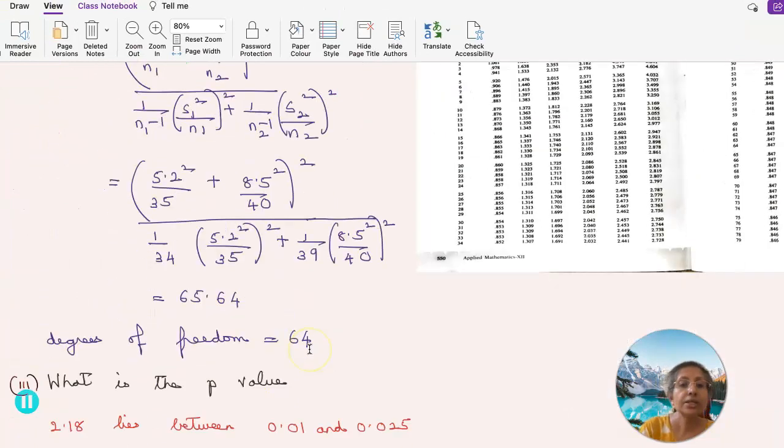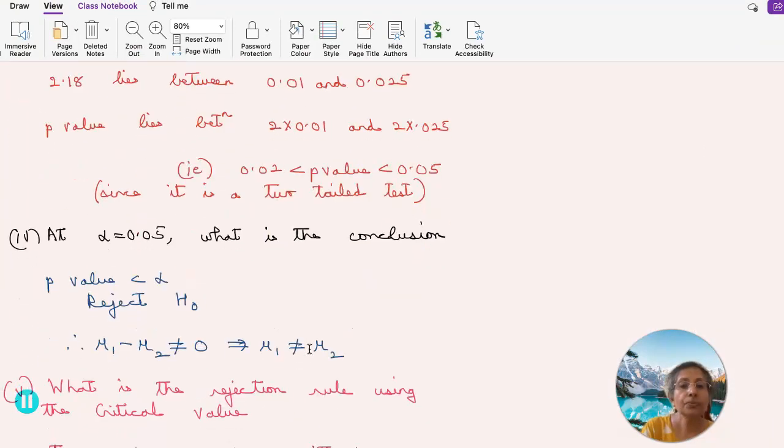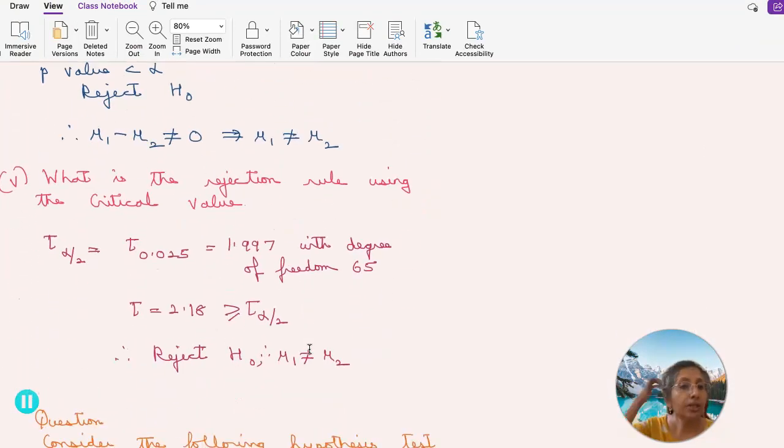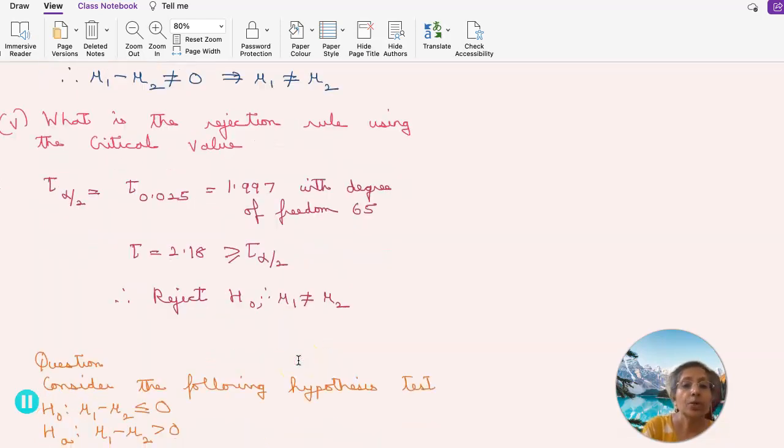So t equal to 1.997, and 2.18, which is the test statistic, is greater than or equal to t alpha by 2. So we reject h0, and what is h0? Mu1 not equal to mu2. So that brings us to the end of this question, and if you can do it using the calculator, it will save your time.